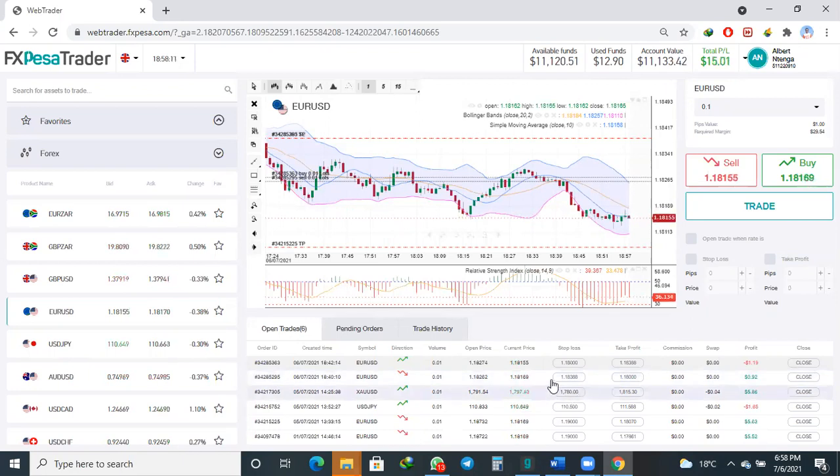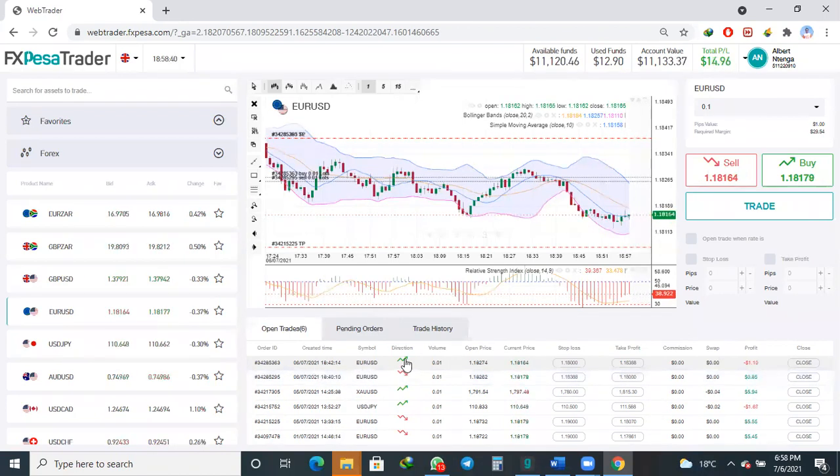For one using the web, to the bottom right side of the screen, for each trade that you have opened, you will see an option to close that trade.